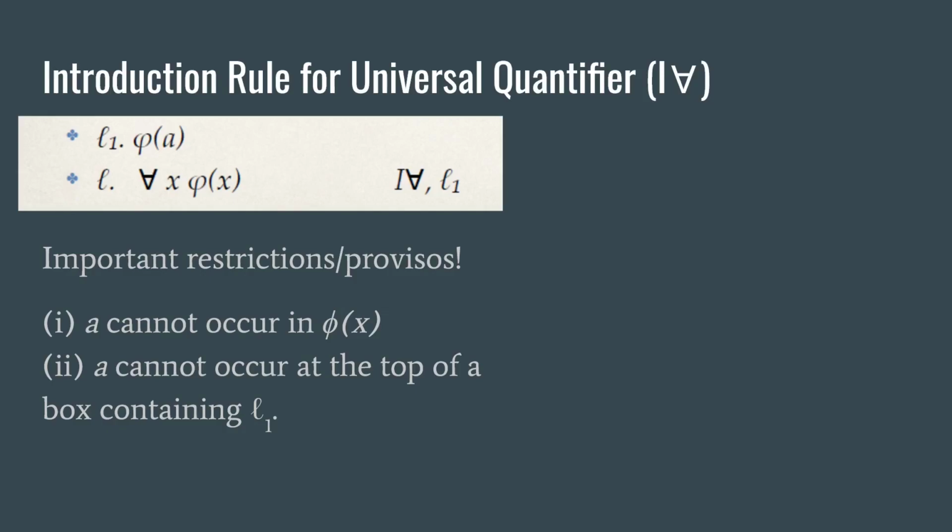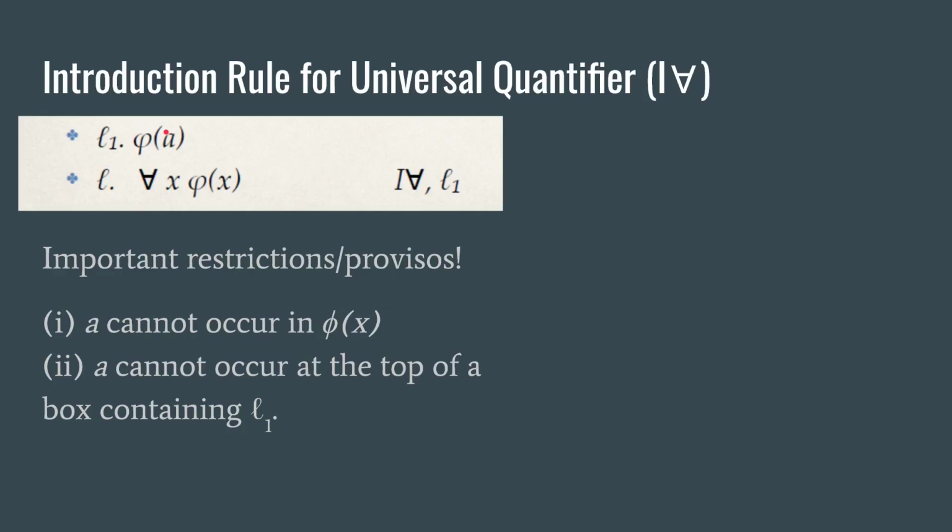That's true if for all x, phi x is derivable from some constant A, which may be said to be arbitrary. The thought here is that we need to introduce some important restrictions on our use of the introduction of the universal. We need to take care, in short, that the instance A is arbitrary.